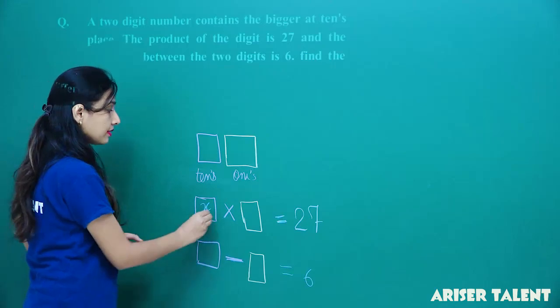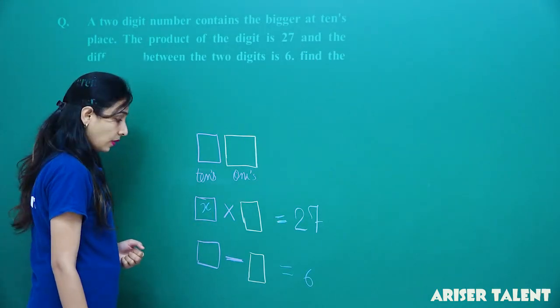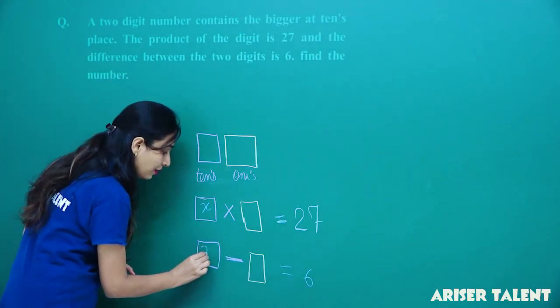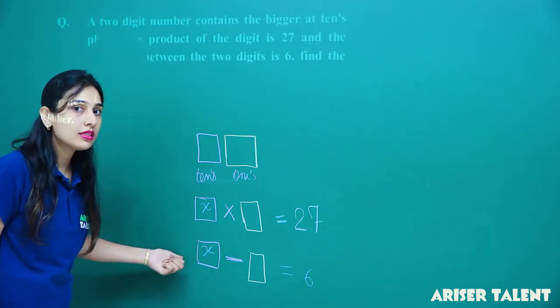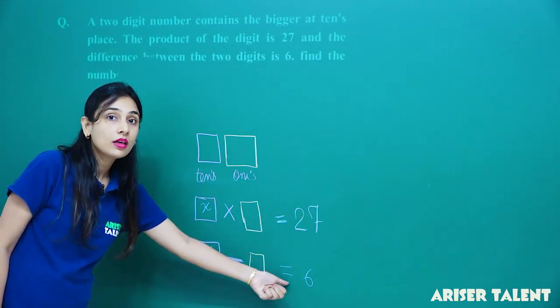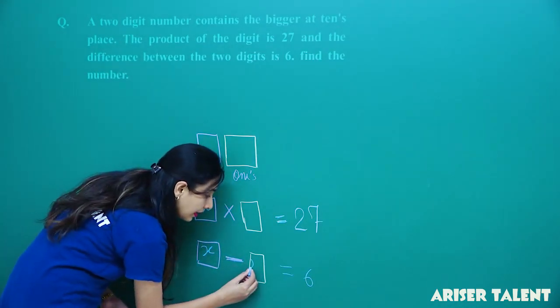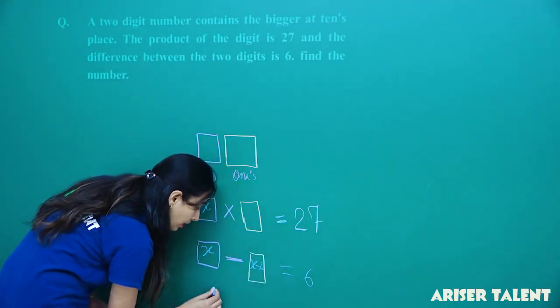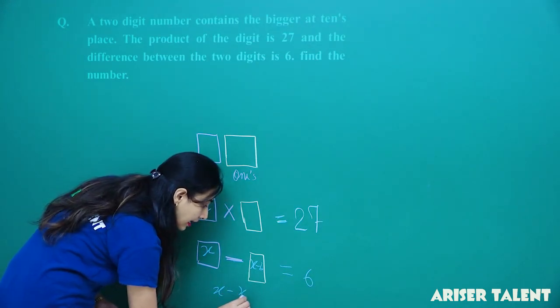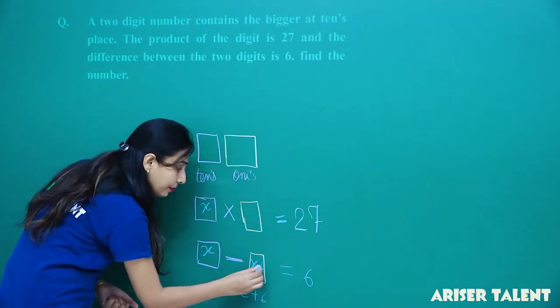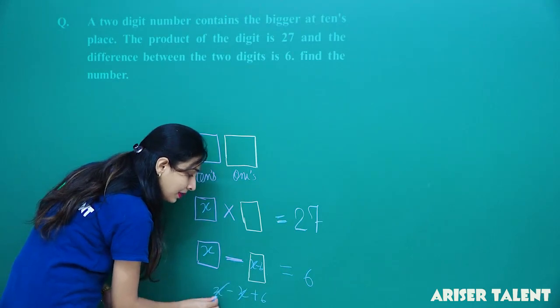If this is x, and the difference is 6, can I write x minus 6? How? Because x minus (x minus 6), when I open this bracket, will become 6.